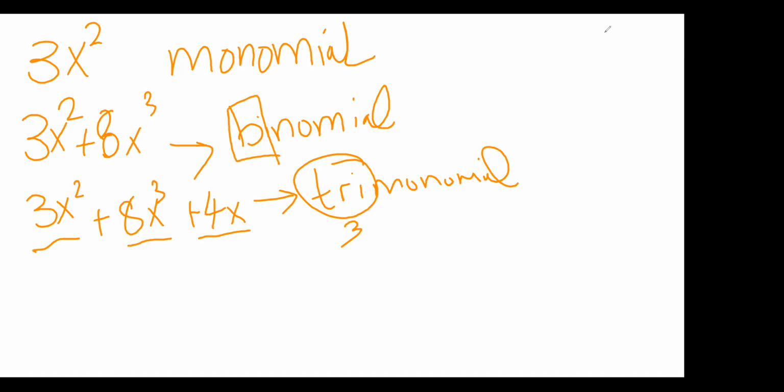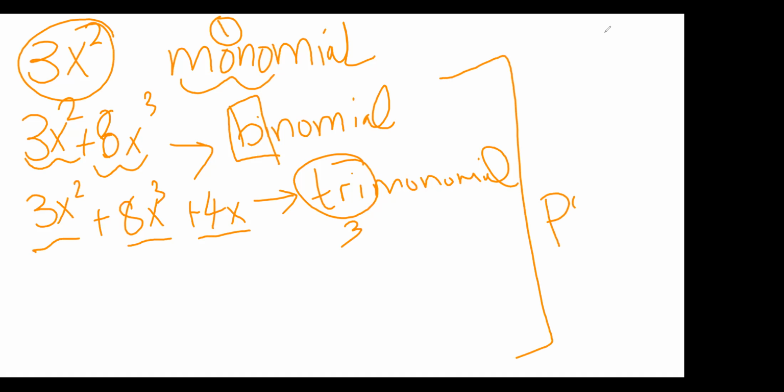Bi, like bicycle, 2 wheels. 1, 2. And mono, I'm talking about only 1, which is 3x squared. So, if I'm talking about one expression, I name it monomial. If I'm talking about more than one, I will name it polynomial.